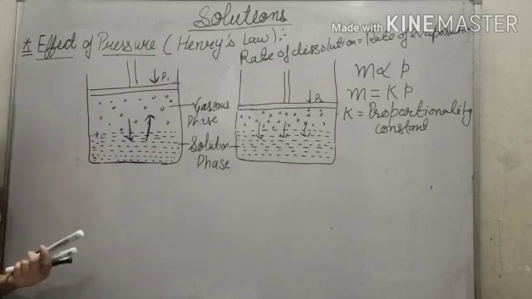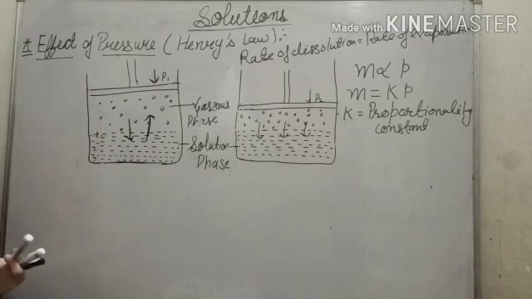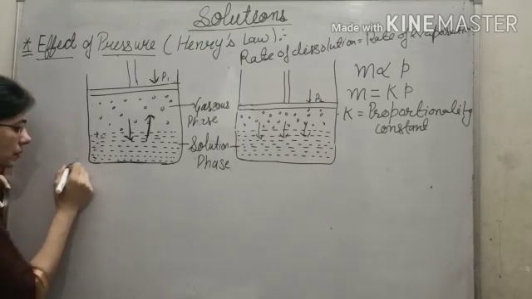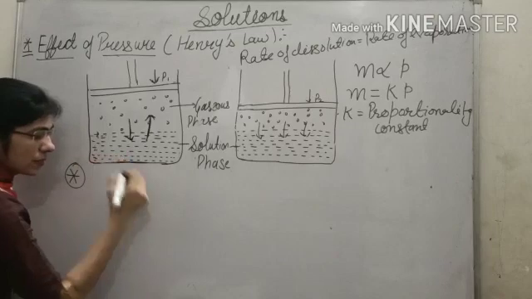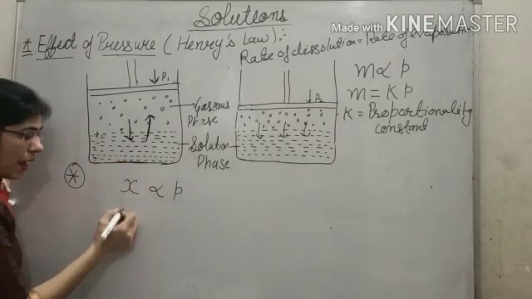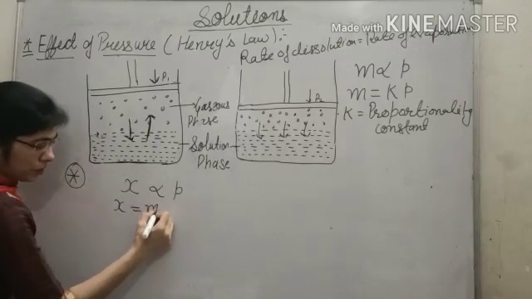So according to that, the mole fraction of a gas in a liquid is directly proportional to the pressure applied over the gas, and it can be written as X is directly proportional to P, and X is the mole fraction.